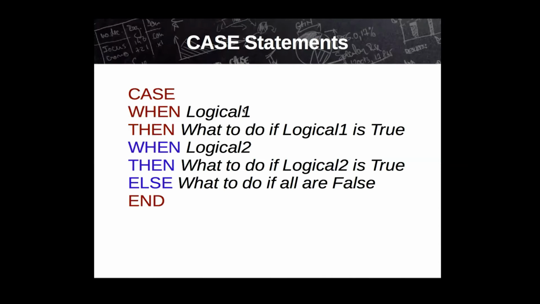And if this is true, then it does this line, then it will do the true. If this fails and the logical returns false, then you can add another statement. And it follows the same way. If it's true, then it's going to do the then thing.